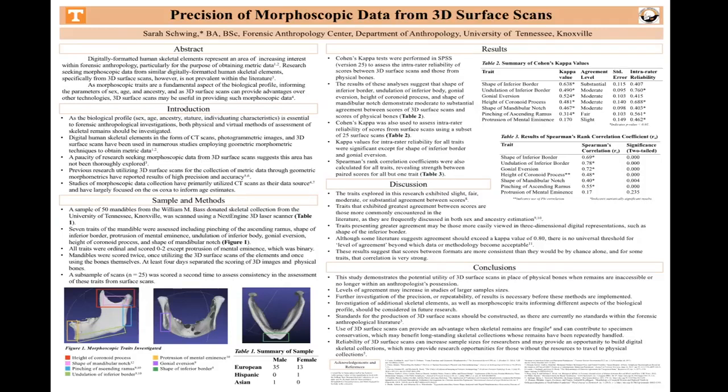After looking at the agreement using Cohen's kappa, I wanted to look at the strength of the relationship between these scores, and so I used Spearman's rank correlation coefficient. These results can be seen in table 3. Similar to the results obtained for the Cohen's kappa test that I just mentioned, the results for the Spearman's correlation were significant for all but one trait. And again, that trait is protrusion of the mental eminence.